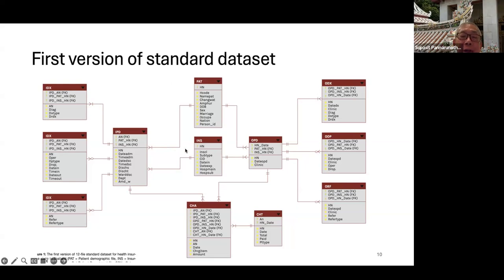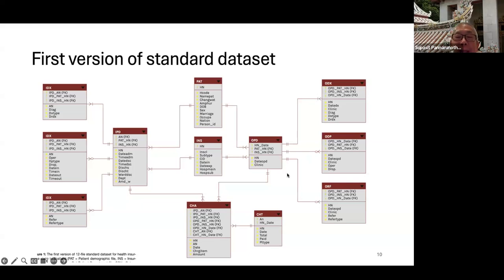So the linkage of information, the sending of information, the analyzing of information, and the use of the analysis for payment are very essential for managing universal health coverage with the payment models.